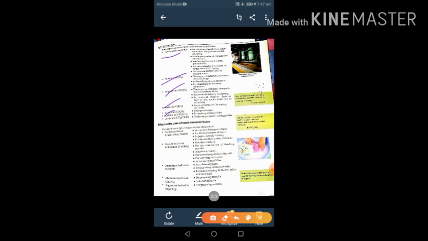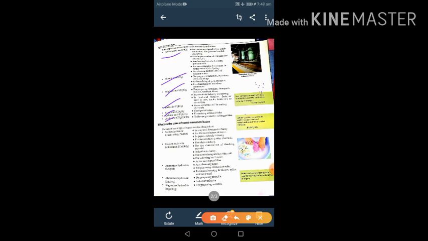Now carbonic acid. Carbonic acid we use for making aerated drinks, meaning cold drinks. Now acetic acid. Already you know acetic acid, and its common name is vinegar.